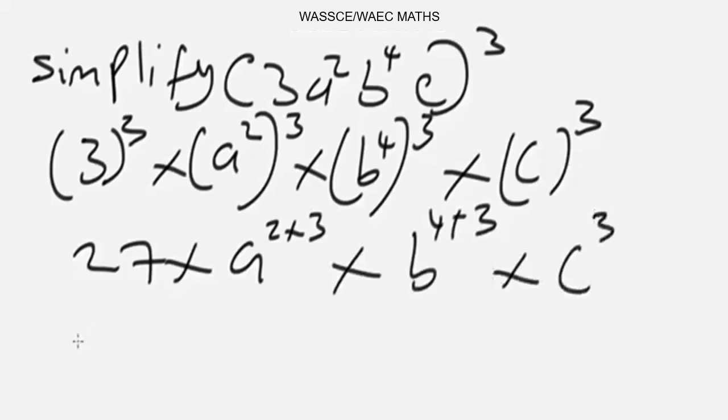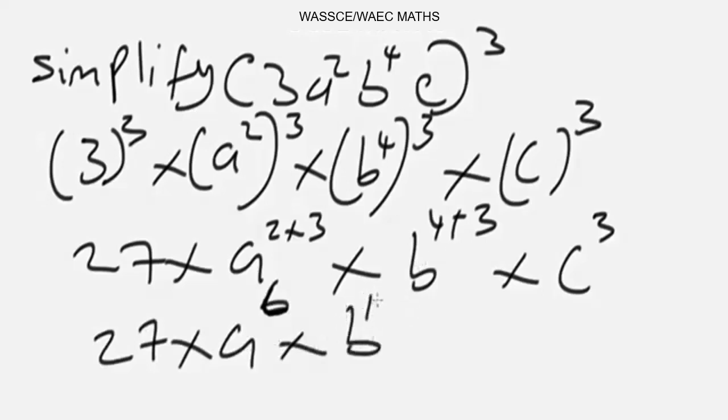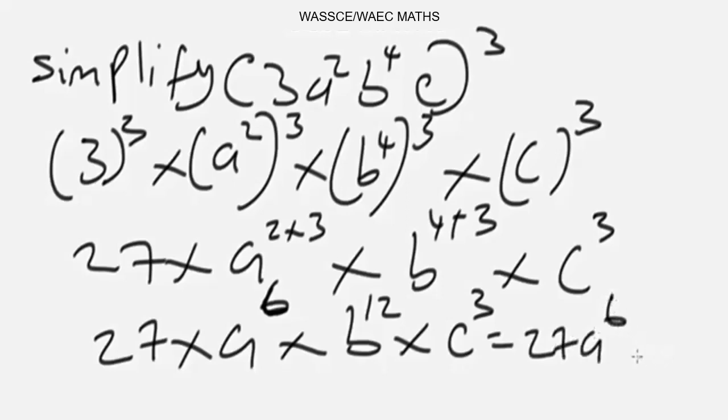Breaking it down further, we have 27 times a to the power 6, times b to the power 12, times c to the power 3. So the final answer is 27a⁶b¹²c³.